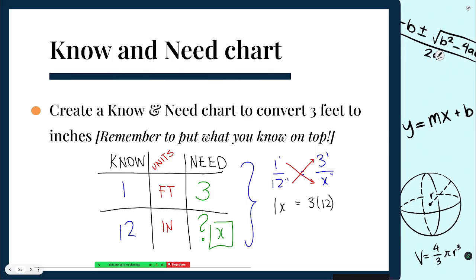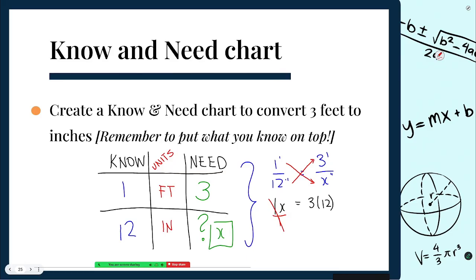Now, that 1x, we want to get x by itself. Like we've done before, you would divide out the 1, because right now the x is attached to the 1.